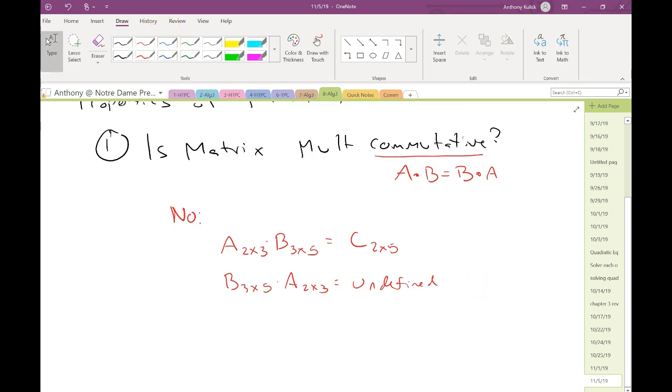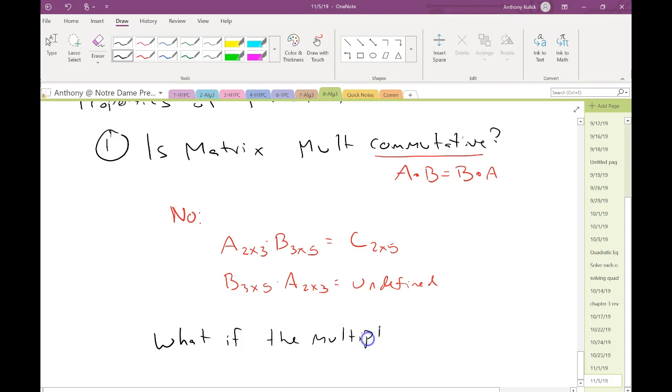Well, what if we change this question to be, what if the multiplication is possible both ways, A times B and B times A, then is it commutative?